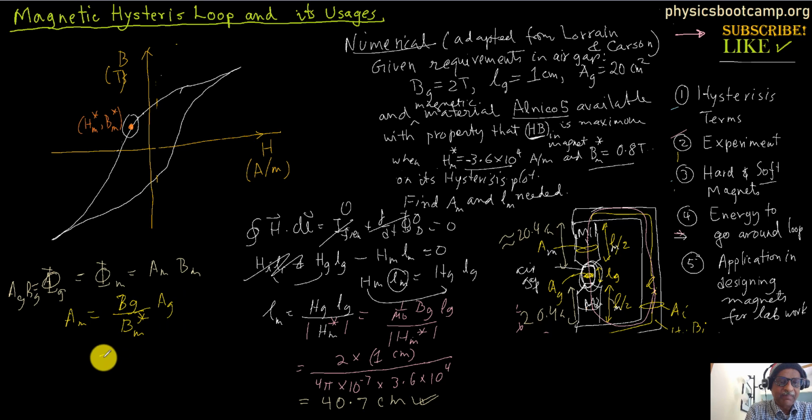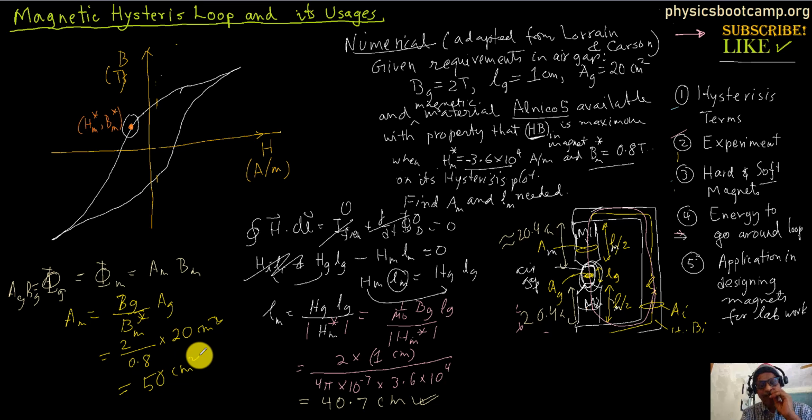So Bg is 2 Tesla and Bm star is 0.8 Tesla, and this can remain in centimeter squared. These units will cancel out. So this is actually a whopping, I think, 50 centimeters squared.